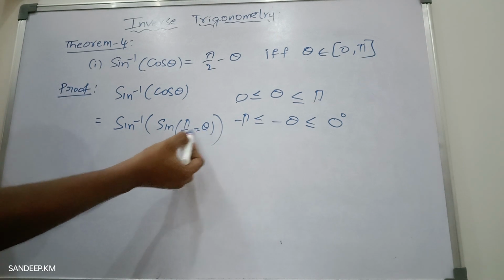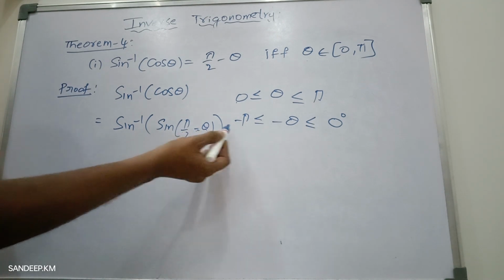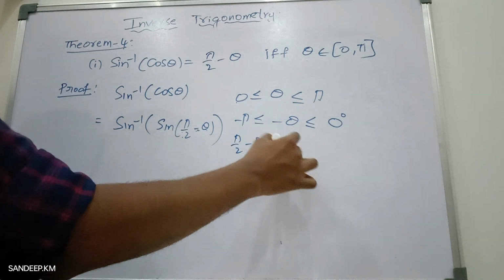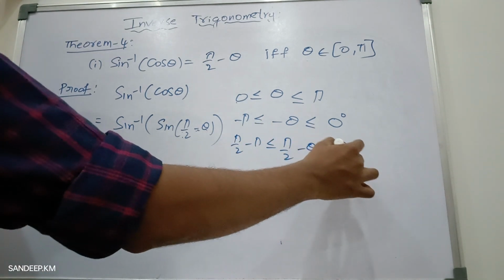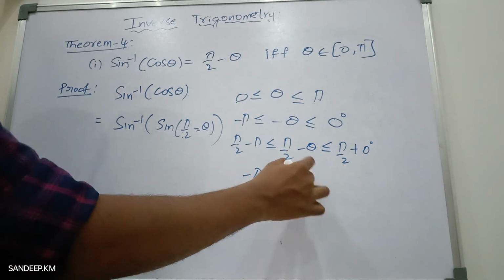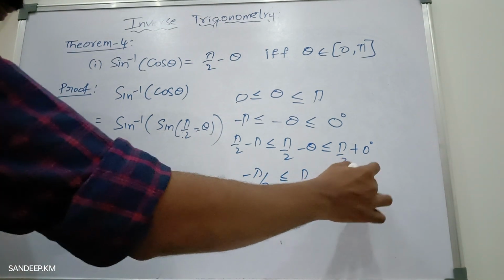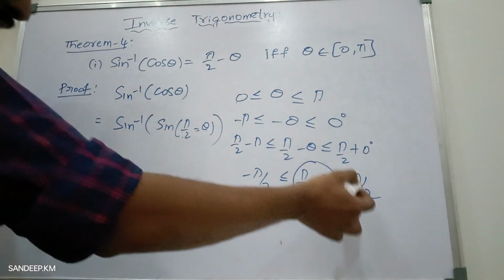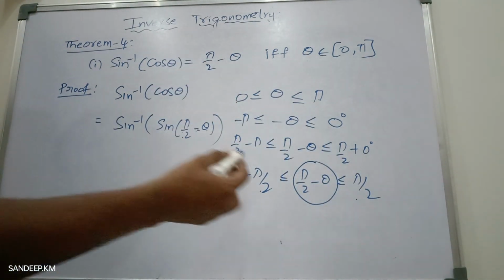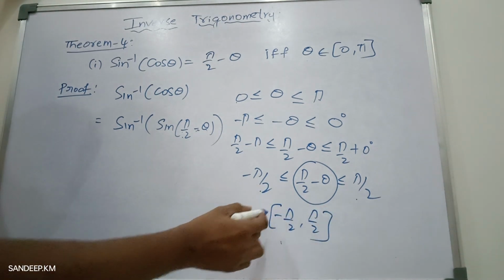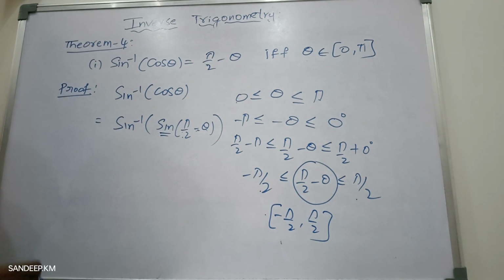Not only minus theta, we have 90 also. 90 minus theta. So add 90. 90 minus pi, 90 minus theta, 90 plus 0. So what is it? Minus pi by 2, 90 minus theta, pi by 2. So 90 minus theta is between minus 90 and plus 90. And who is the interval minus 90 to plus 90? It is the restricted domain of sin.